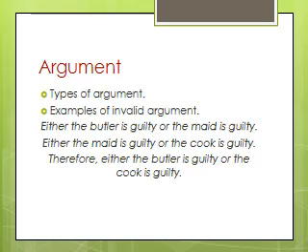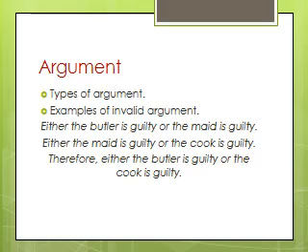Let's take an example of an invalid argument. It says either the butler is guilty or the maid is guilty. Either the maid is guilty or the cook is guilty. Therefore, either the butler is guilty or the cook is guilty.